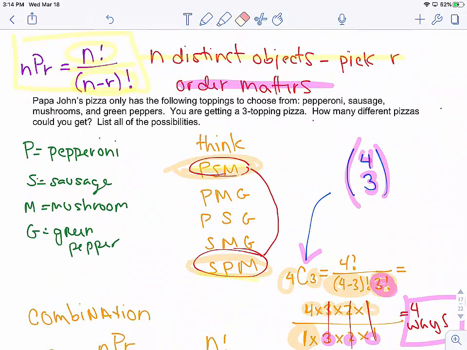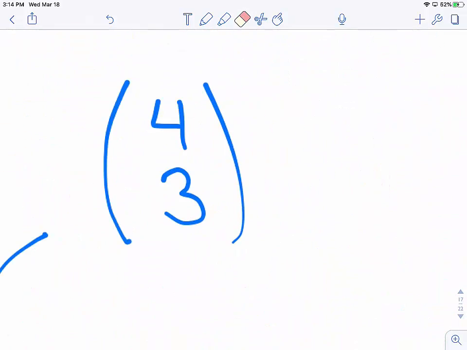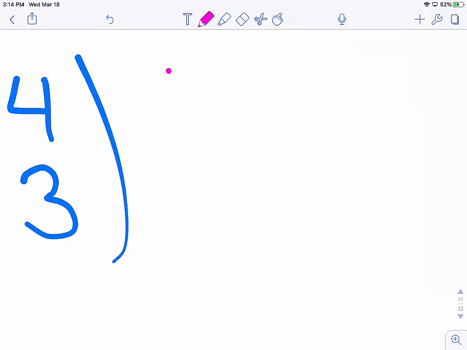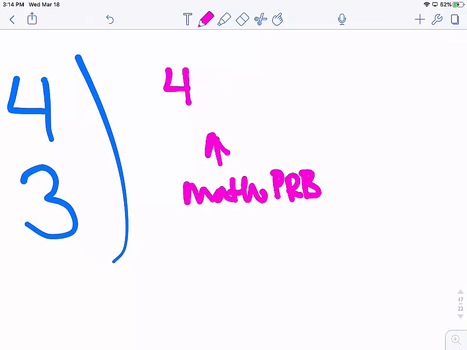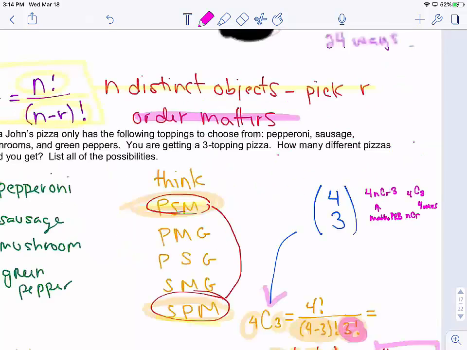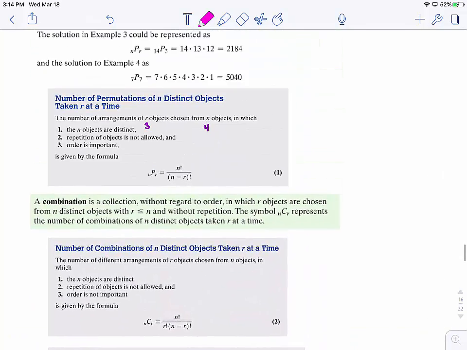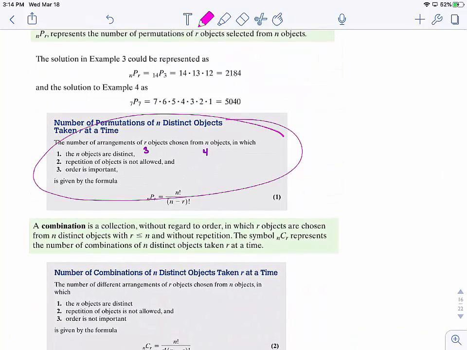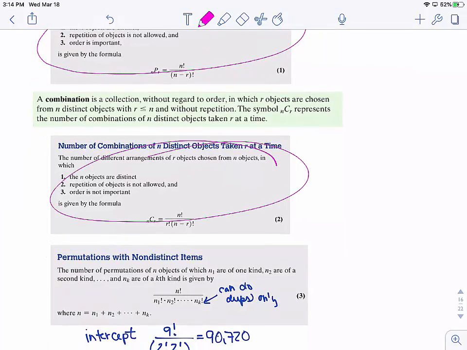But anyway, the way to do it in your calculator, and I don't have my calculator app on this computer, but you would go to, let's say you wanted to do 4 choose 3, you would do 4 and then you would go to math, and I think it's under PRB again, but you have to look, and you'll see nCr. So you'll pick that, and then it'll go back to your main screen and do a 3, and it'll turn into 4C3, hit enter, and you will get 4 ways. We have the same thing for permutations. So that back here is what they're talking about for permutations. This is what your book says to look at, and combinations, okay?